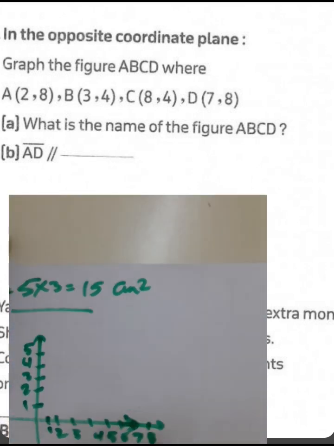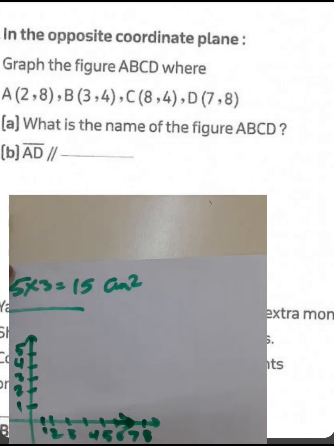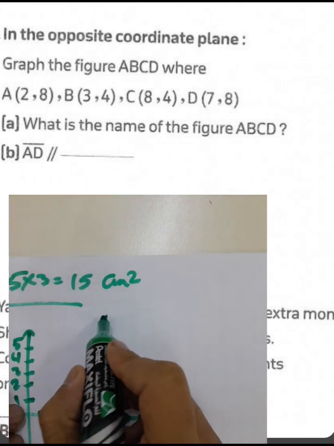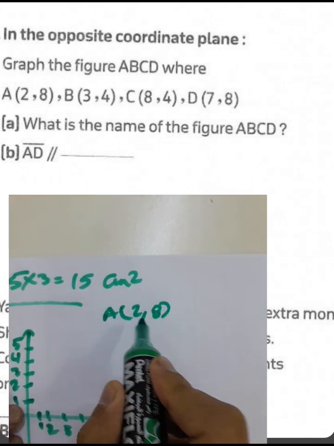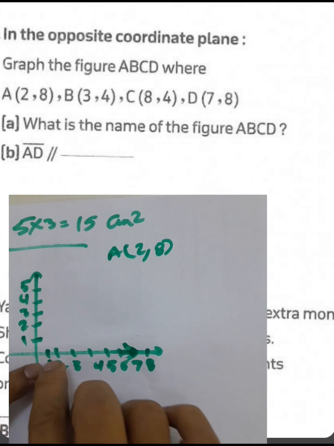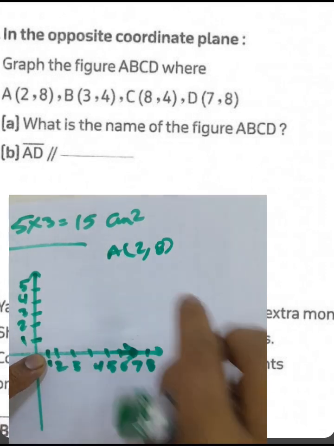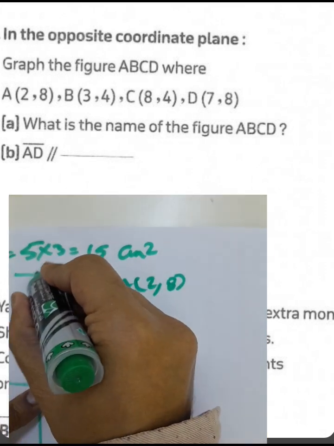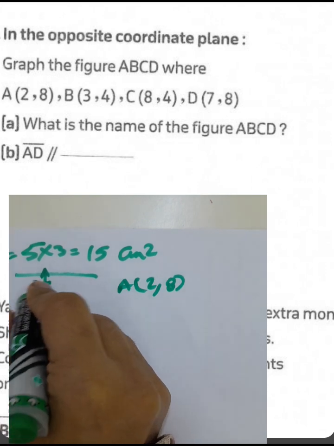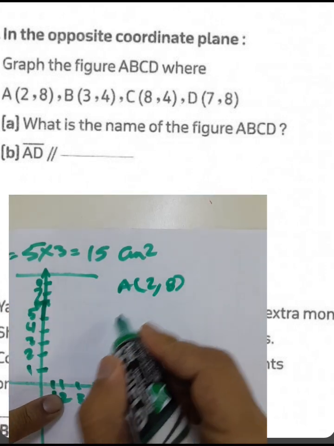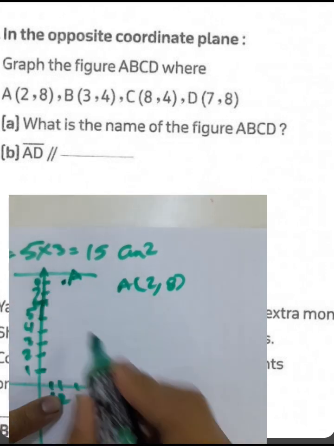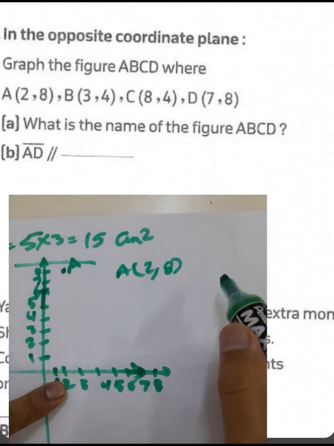From this coordinate, the first point A was 2 and 8. We have the order of 2 and 8, beginning from 2 here and up to 8. Okay, I will complete the drawing here. We have 2 and 8, it's the point A. The second point B was 3 and 4.